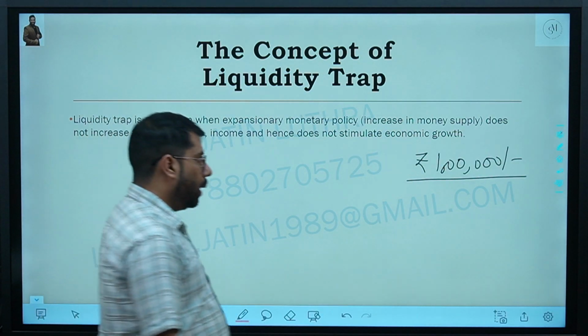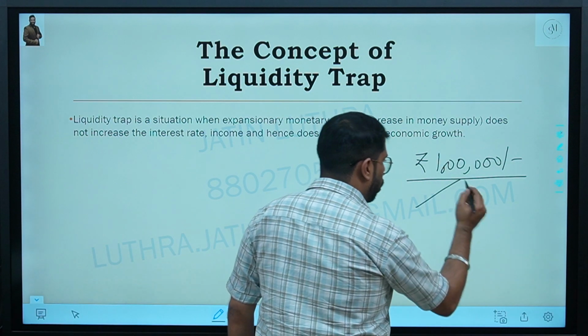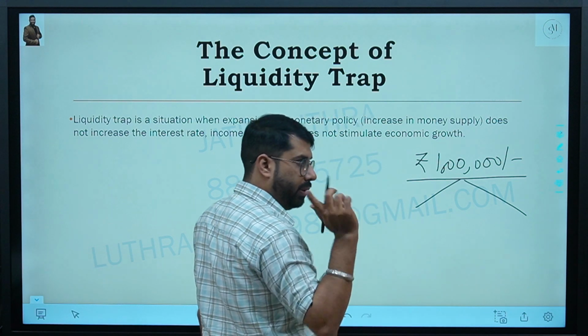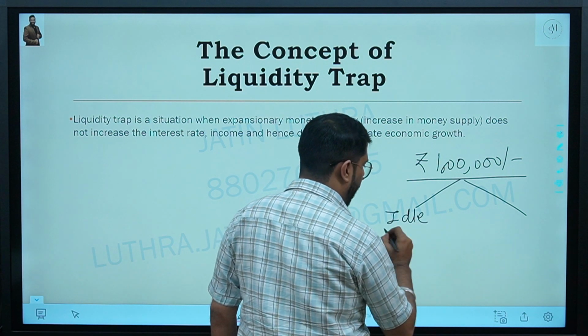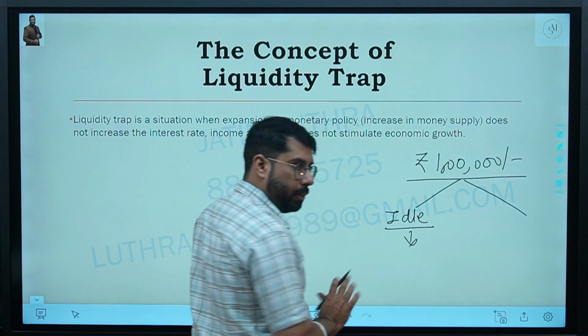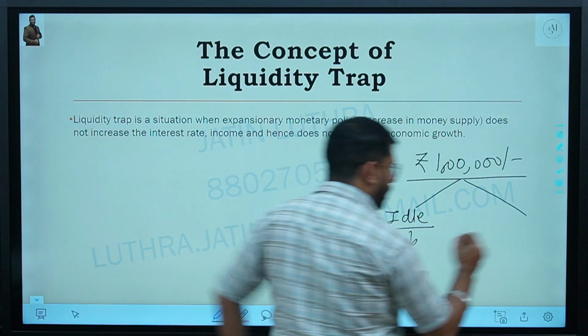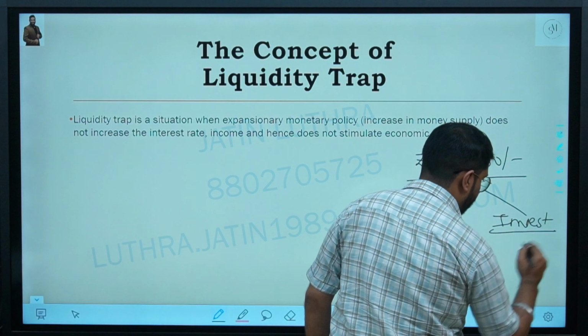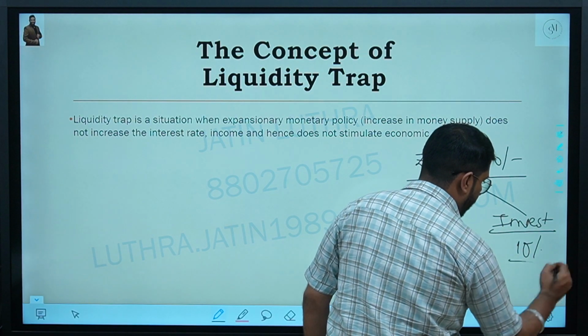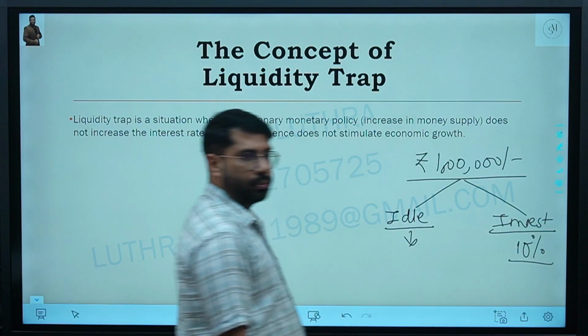Now, there are two ways I can use this money. We have discussed this before also. I can keep this money idle in my pocket, or I can invest my money. Let us say if I invest my money, the return I'm getting is 10%. Clear?